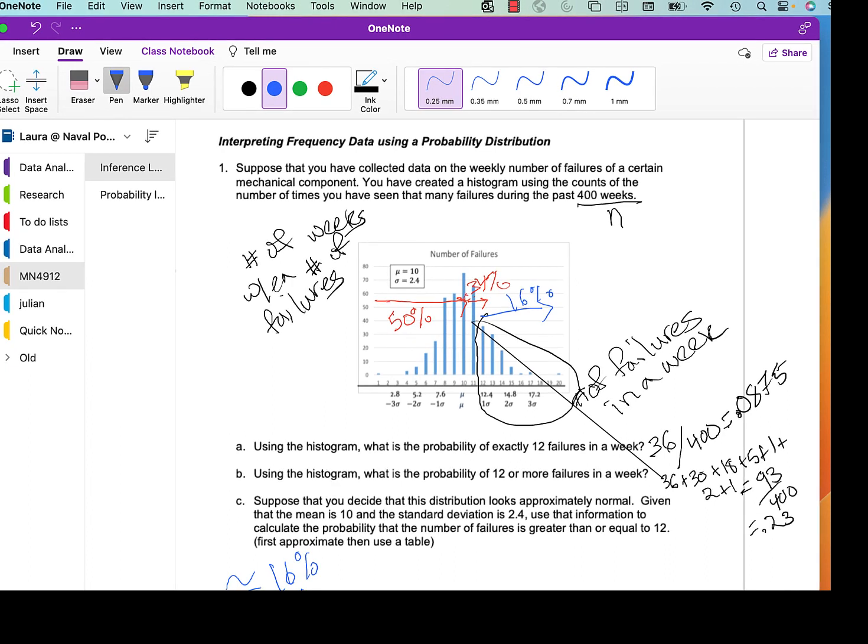If we want to be more precise, we can go to R or Excel or use one of those tables at the back of a statistics book.